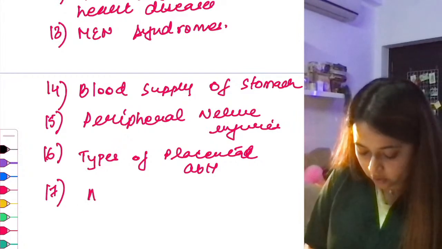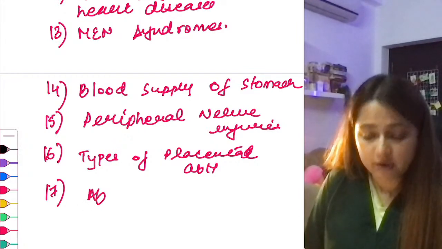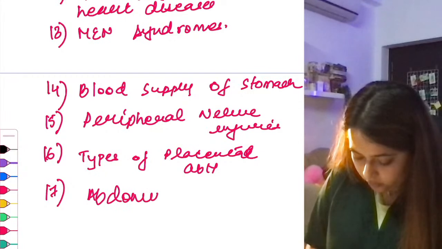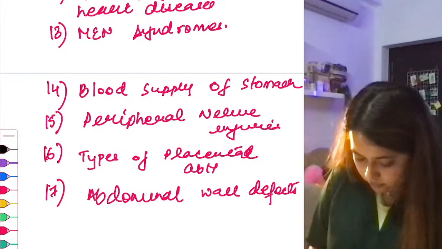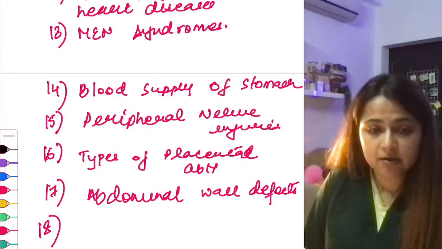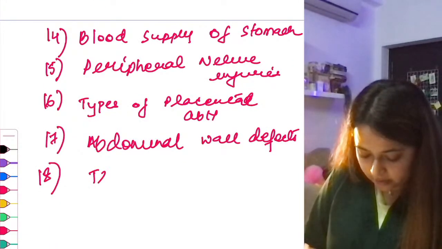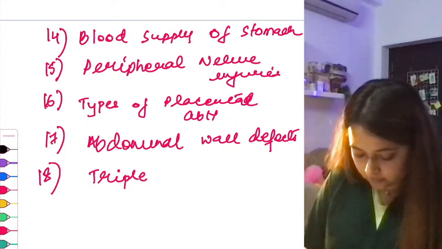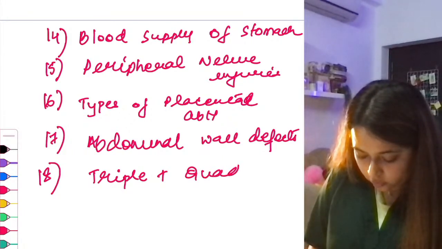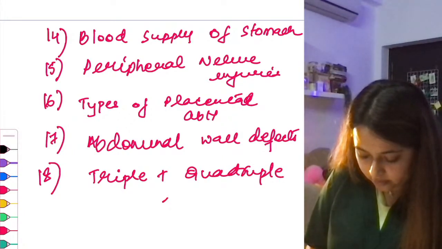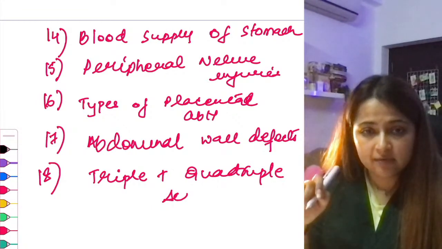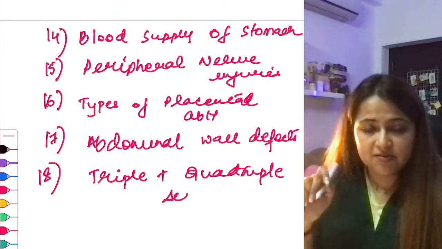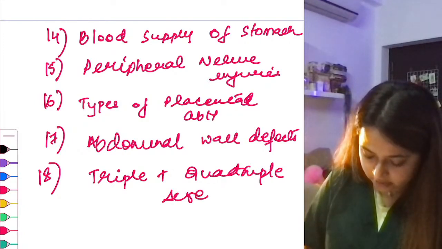Then abdominal wall defects like gastroschisis and omphalocele. Then the triple and the quadruple screening, very important. You should know the arrows: in which condition AFP is increased, in which condition beta HCG would be increased. So quadruple screening.